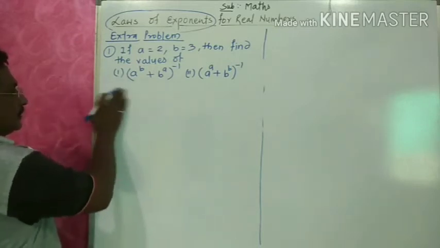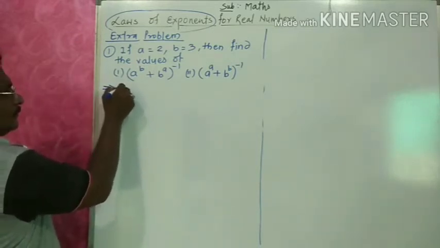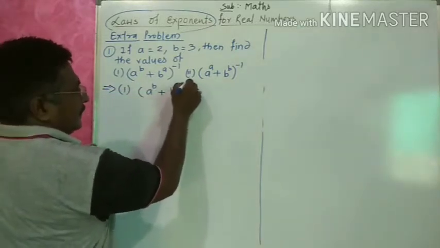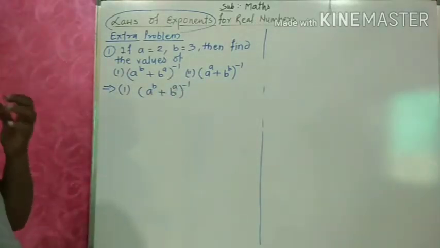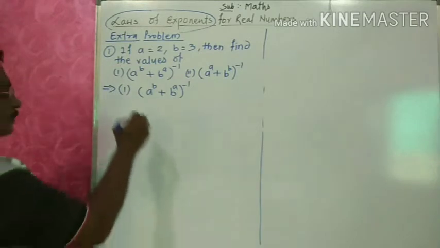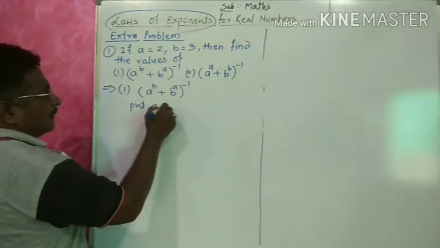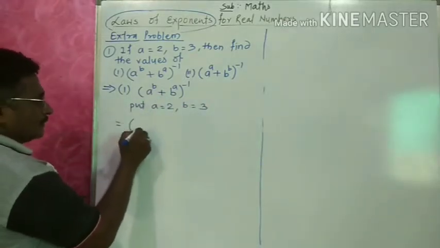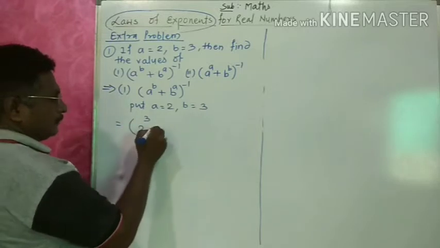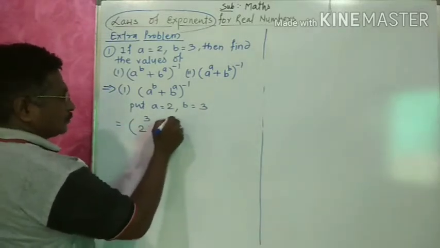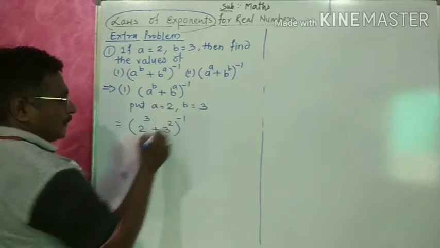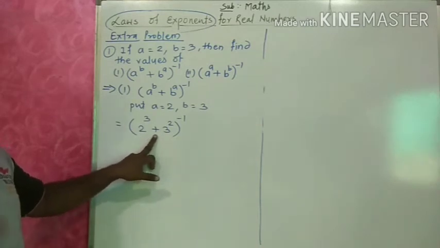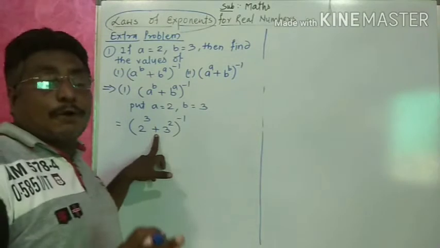So what do we get? First question. A raised to the power B plus B raised to the power A, whole raised to the power minus 1. Here we have to put the values of A and B. So put A equals 2, B equals 3. So see here what we get? 2 raised to the power 3 plus 3 raised to the power 2, whole raised to the power minus 1. Now here a plus sign is there, and among the laws, there is no law for the plus sign. The law is there for multiplication.